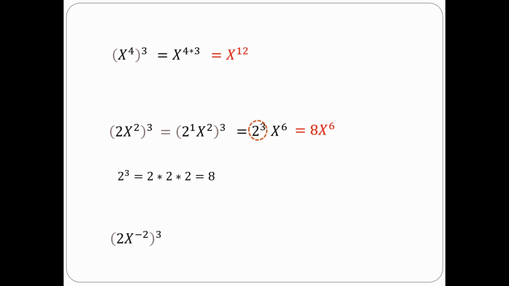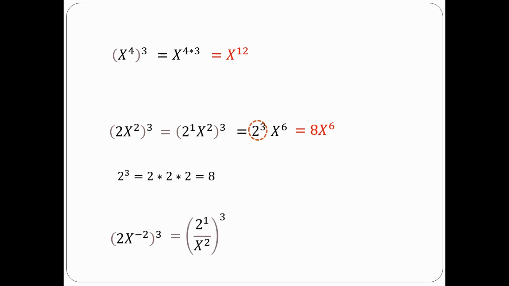How about if we have a problem like this? 2x to the negative 2 with exponent of 3. As discussed in our earlier examples, the variables with negative exponent will be moved to the other side of a fraction.